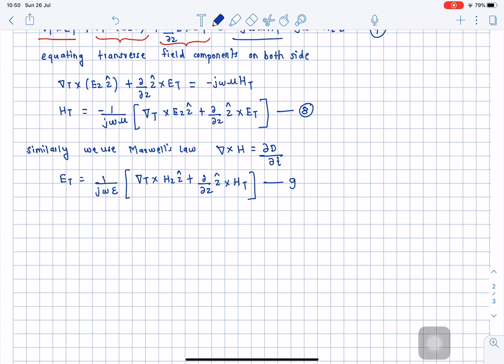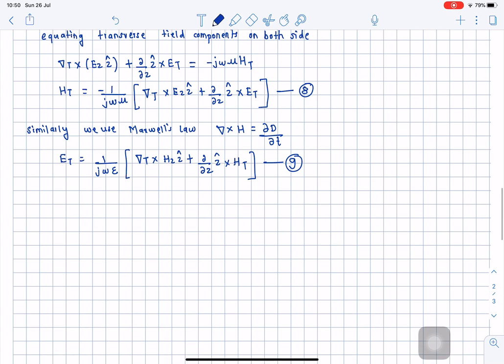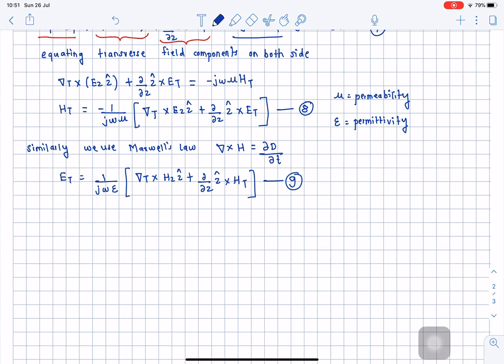Equation number 9, where mu is permeability and epsilon is permittivity. We need not show the same derivation for Maxwell's equation for Ampere; we can directly write the equation for E of t.